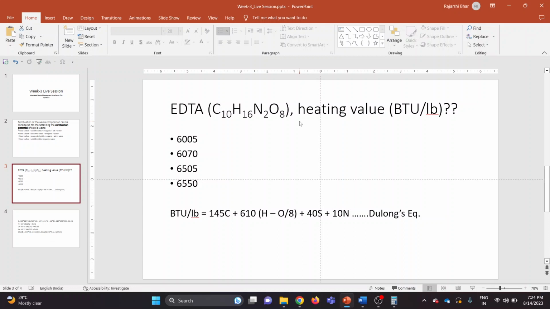It can be a simple chemical like glucose, or otherwise we can also assign a formula to a very heterogeneous mix of fuel based on its ultimate analysis.